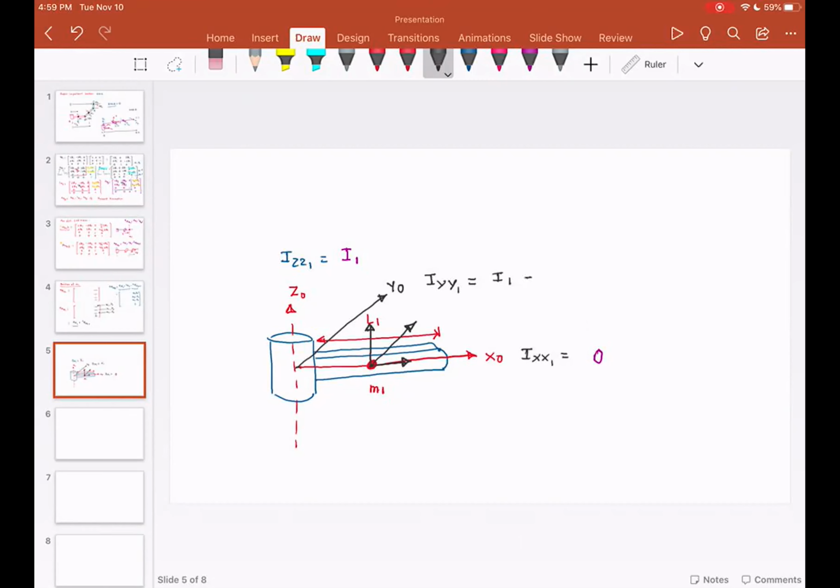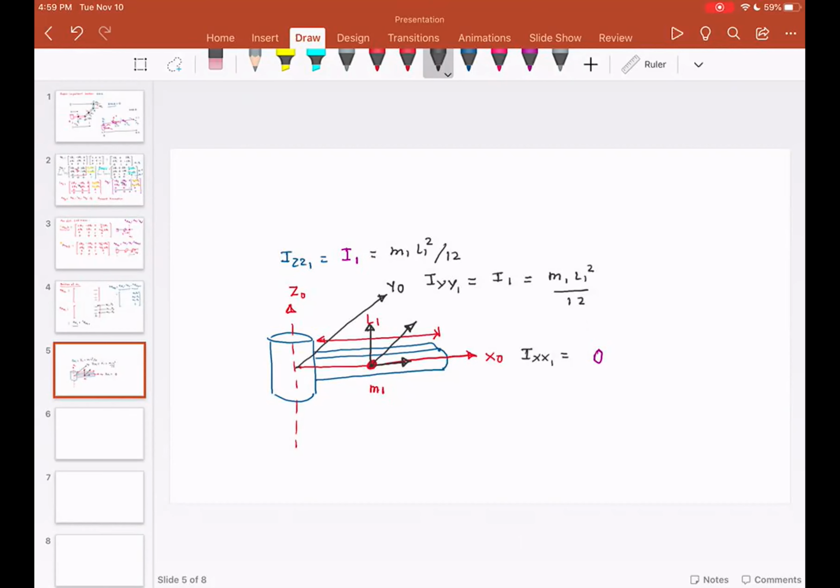So what is the value of I1, which is M1 L1 square by 12. And IXX1 is 0.